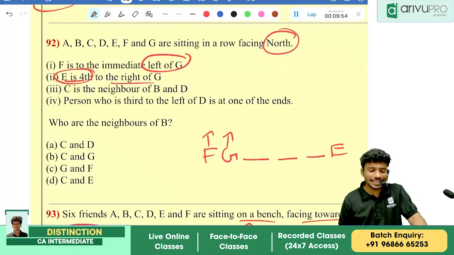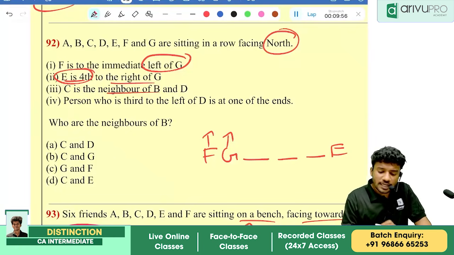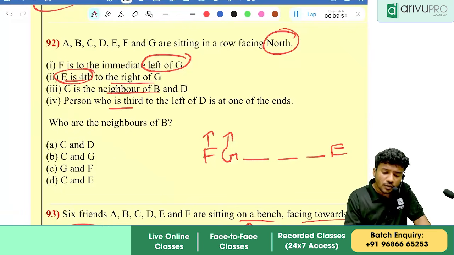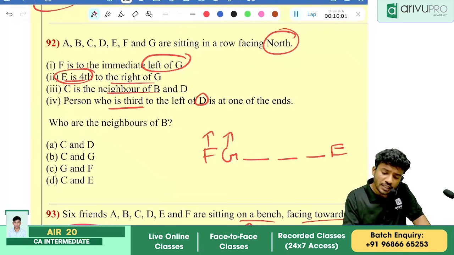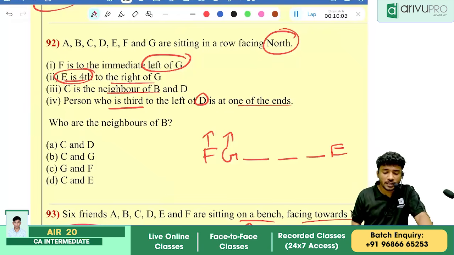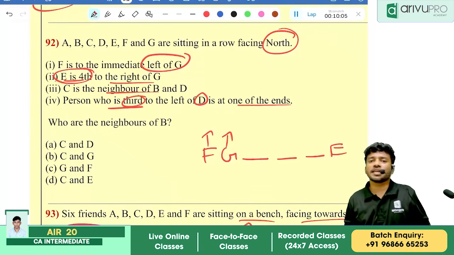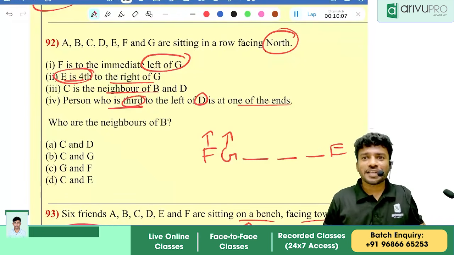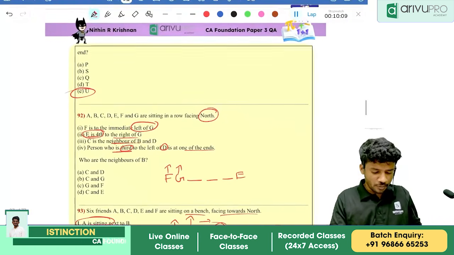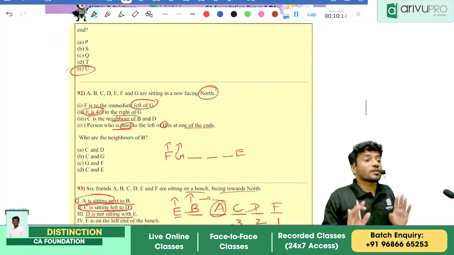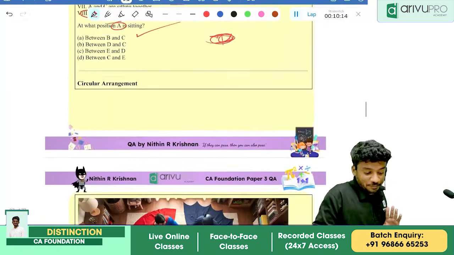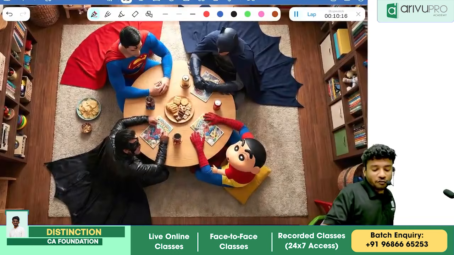E is there. Then C is a neighbor of B and D. The person who is at the left of D is at one end of the bench. Third to the left. We already solved the same type of question. Okay, fine. Now we can go for our next topic.